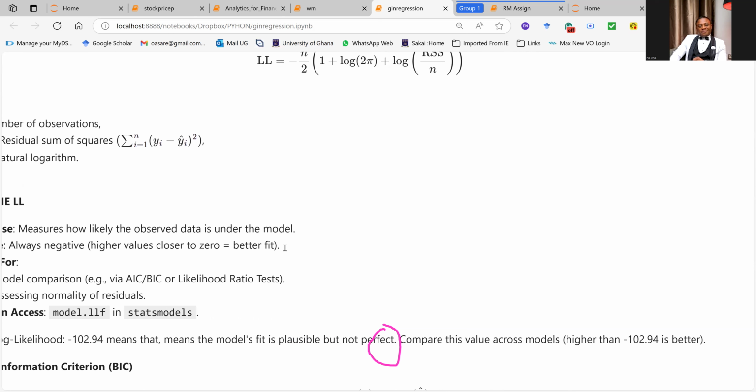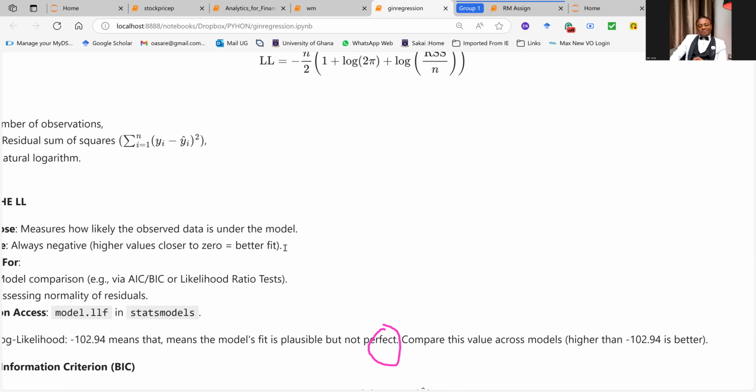If you have a log likelihood that is more negative and bigger than the one we have, then that model is better. So in terms of absolute value, the bigger the log likelihood value, the better. Like I said, it has to be compared with another model.